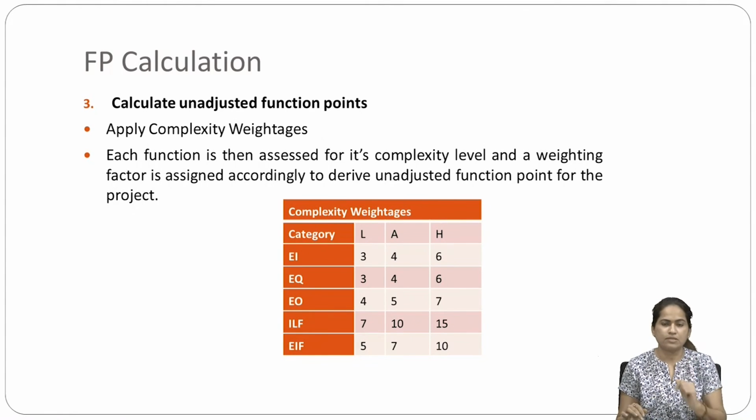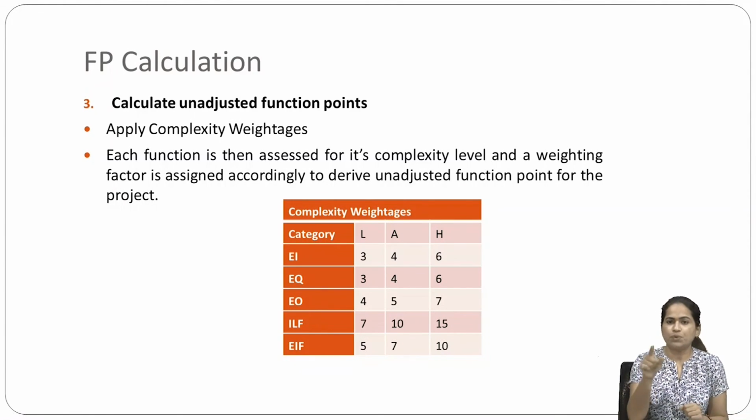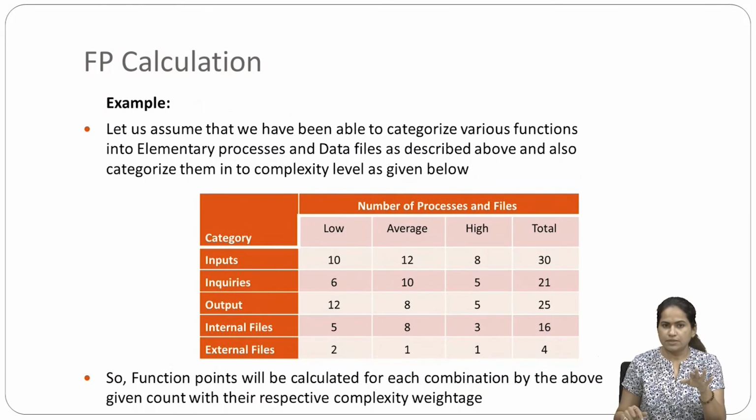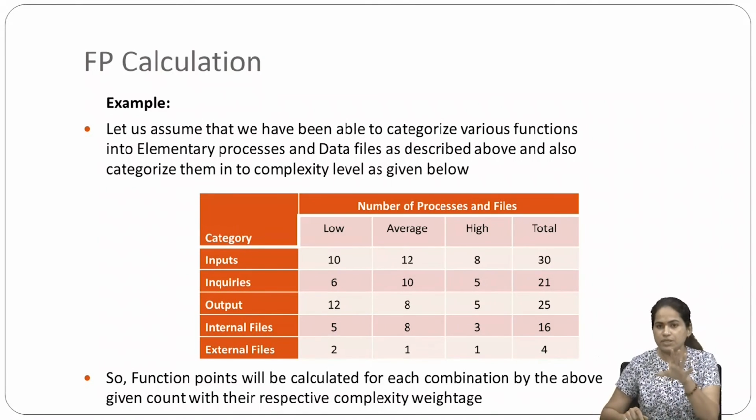See here in this slide, complexity weightages are given to you: 3, 4, 6, 3, 4, 6, 4, 5, 7, 7, 10, 15, 5, 7, 10. You are going to calculate with these. This is the number of processes and files, the total number of files you have.